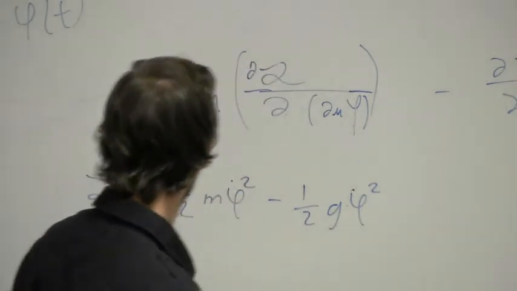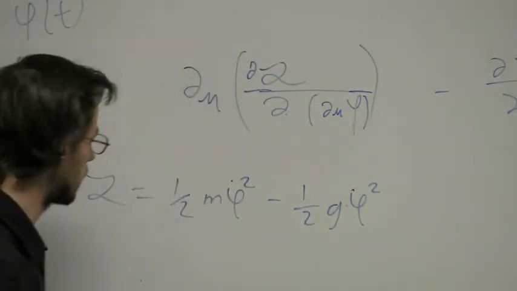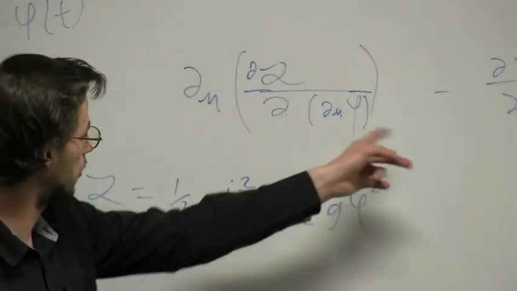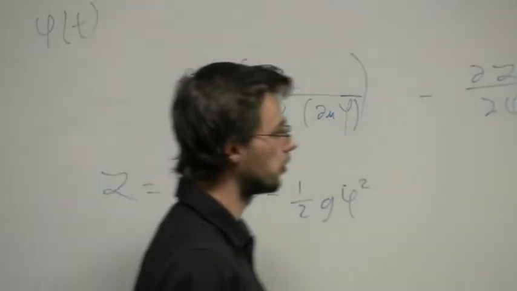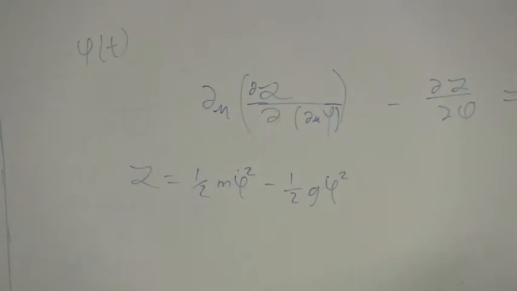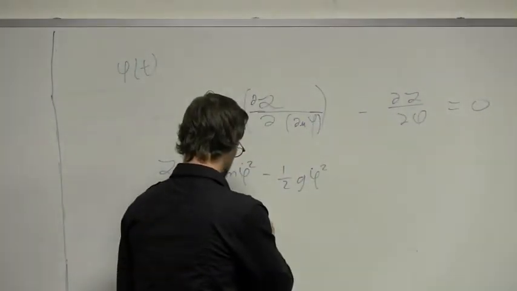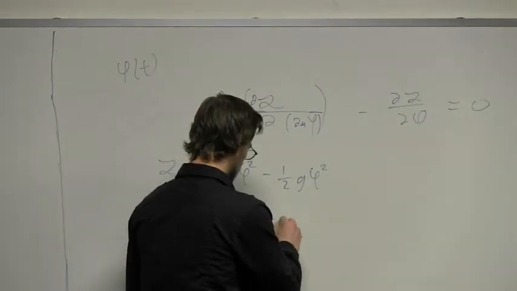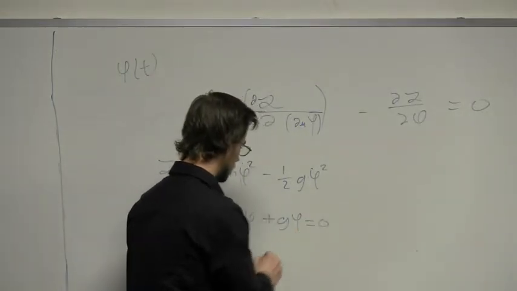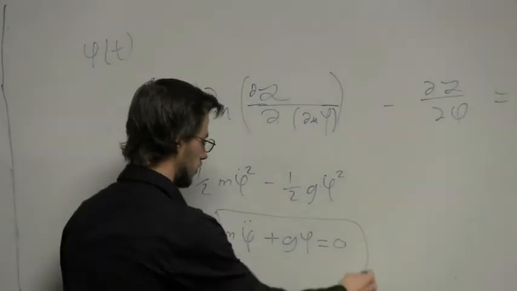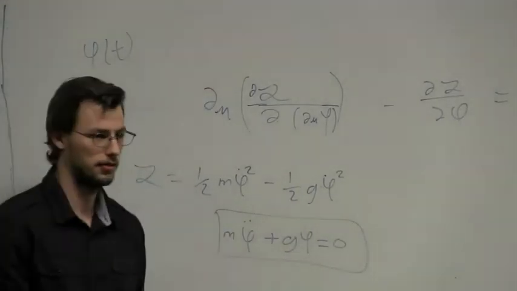These are just functions of time, and if you plug this into this equation here, partial mu is now only a derivative with respect to time, and what you'll end up getting is n phi double dot plus g phi equals 0. Hopefully this looks somewhat familiar to you.